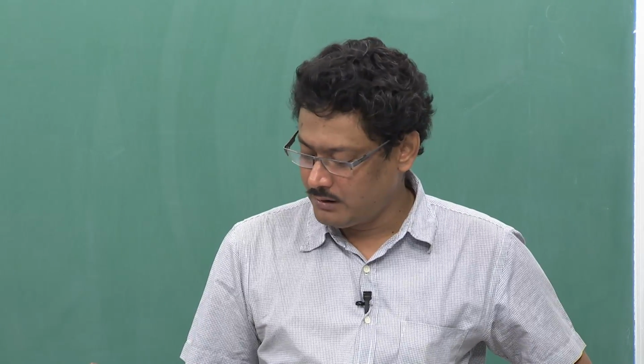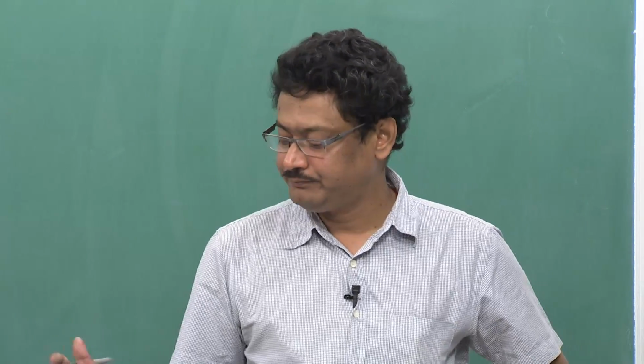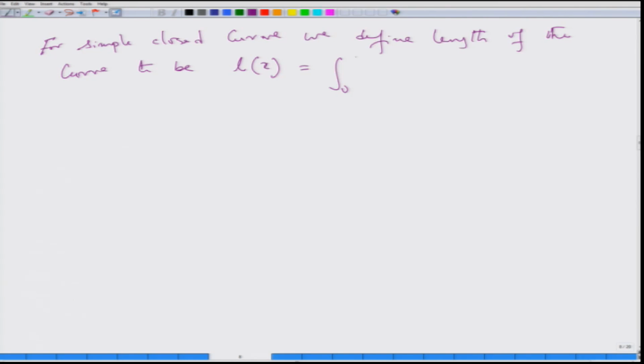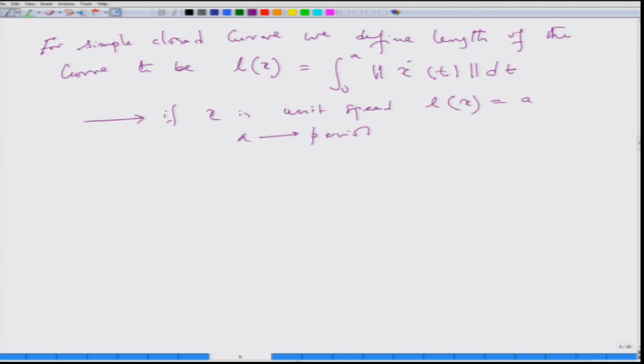But before that, for a simple closed curve, we define the length of the curve to be L of gamma equal to the integral from 0 to a of the norm of gamma dot t dt, and you can easily see that if gamma is unit speed, length gamma is equal to a, where a is the period of the curve.